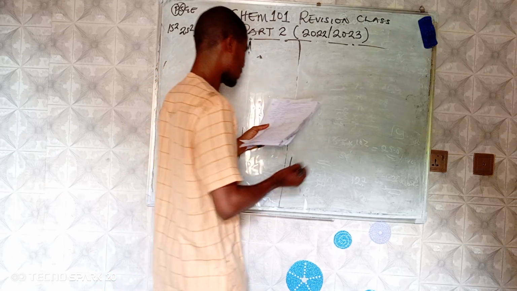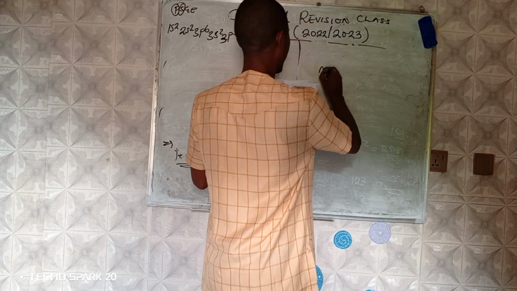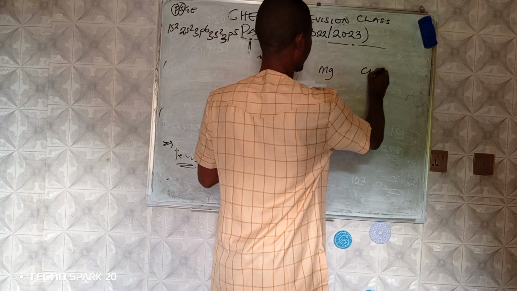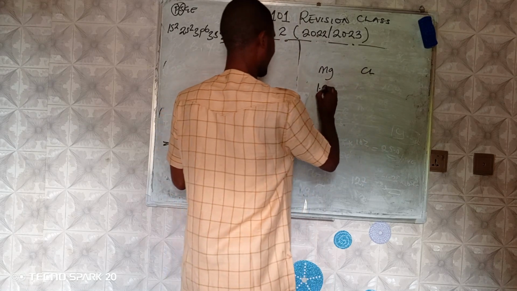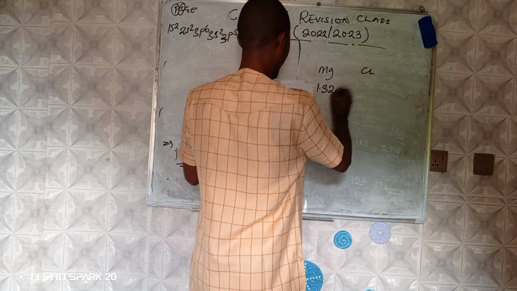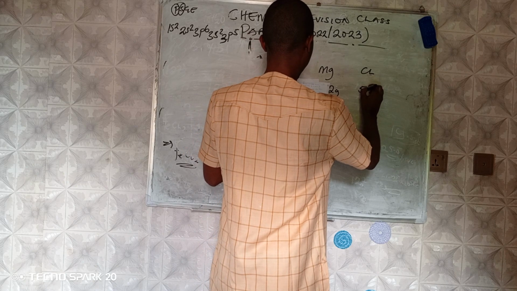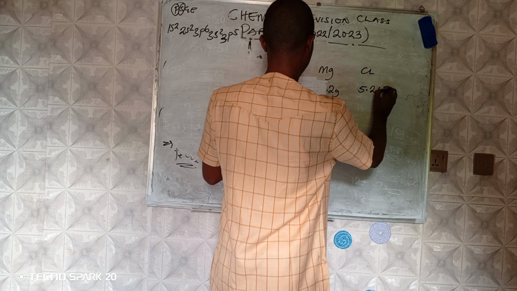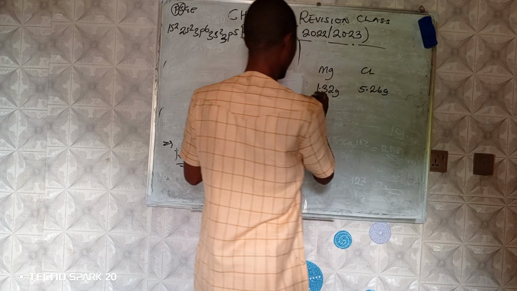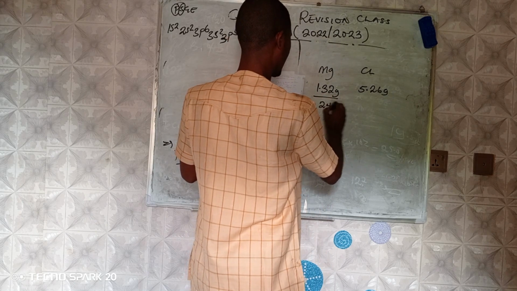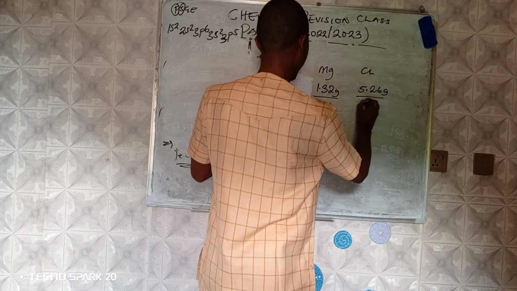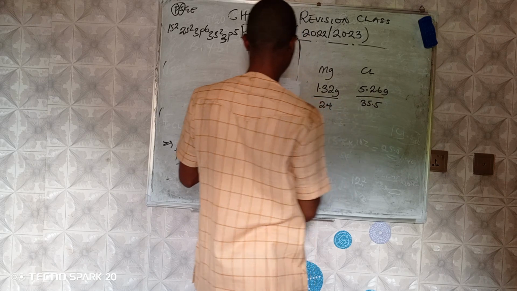Question number 3. So we are going to have something like this: Mg and chlorine. We have 1.32 gram here and 5.26 gram here. Molar mass of this is 24, while molar mass of this is given to us as 35.5.